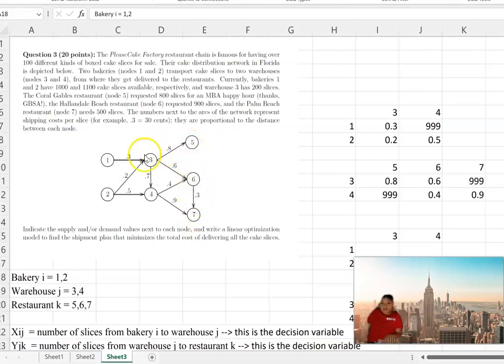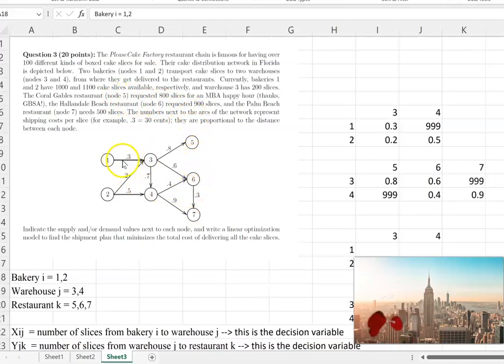So nodes 1 and 2 are the two bakeries, 3 and 4 are the warehouses, and 5, 6, and 7 are the restaurants.